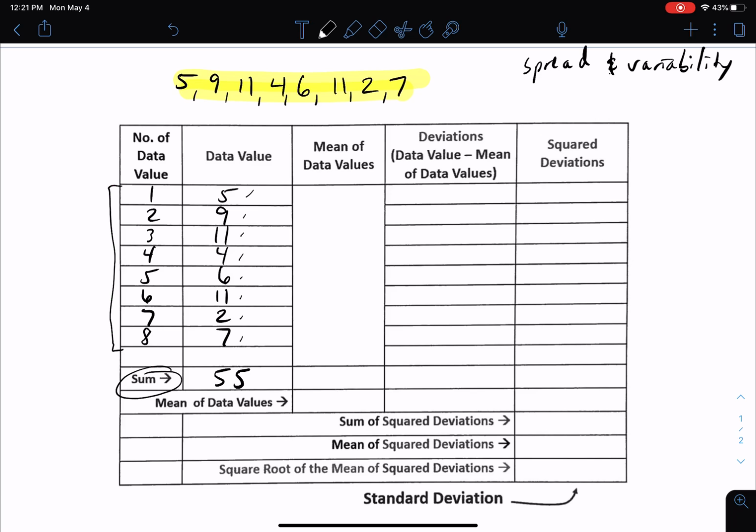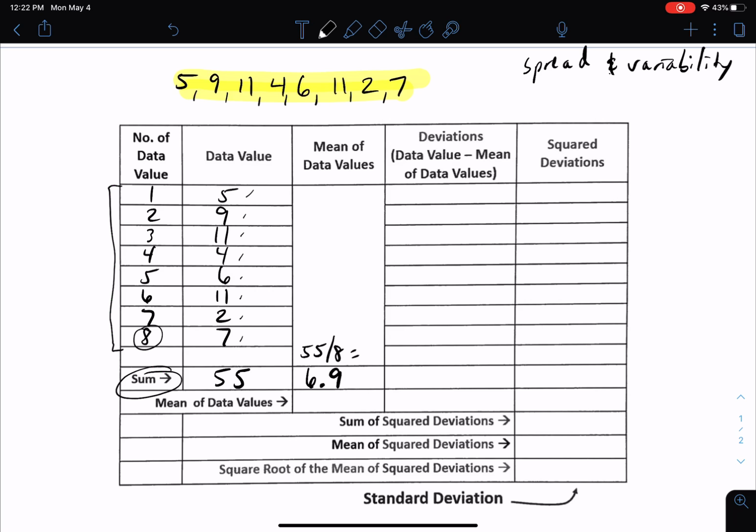Okay, the average. Well, the average is you add them all up and divide by how many numbers. Well, there's 8 numbers total, so I'm going to go 55 divided by 8. I'm going to get 6.875, so I'm going to round it to 6.9, almost 7.